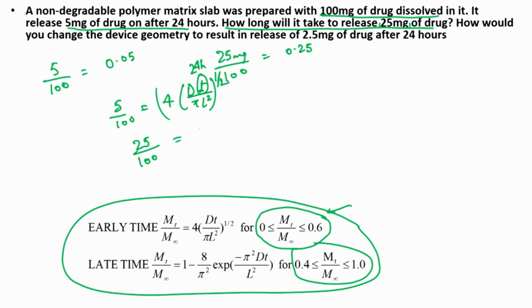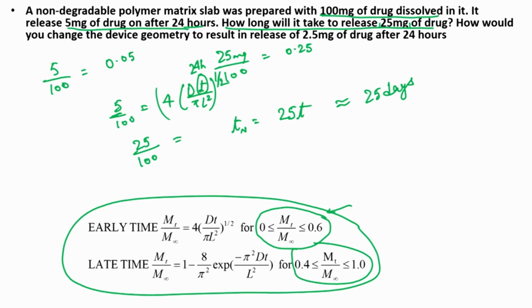So, this will basically mean that the new t would be 25 times the original t, because 25 is going to get square root to 5 and then it is going to become 25 here. Since we are saying it is 24 hours for 5 milligram, it will take about 25 days for 25 milligram.